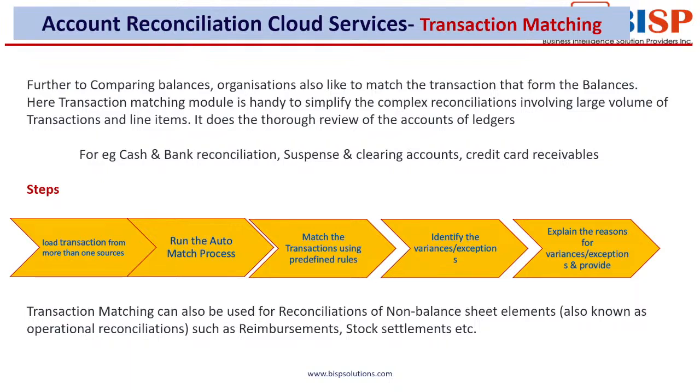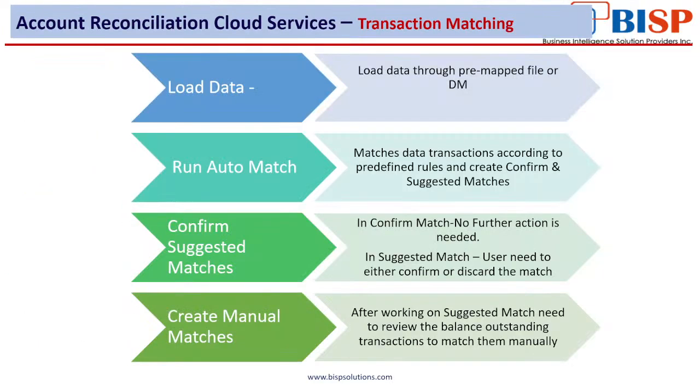But in addition to that, it can handle other non-balance sheet elements also, such as reimbursements or stock settlements. Maybe employees have a reimbursement every month, for a large number of employees, so that data can also be reconciled with the help of transaction matching. These are basically the steps involved.